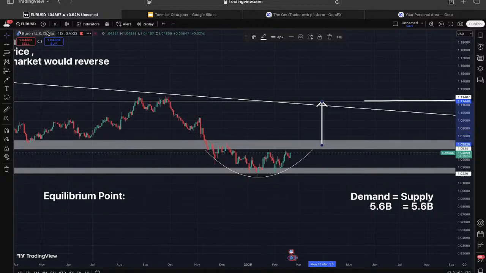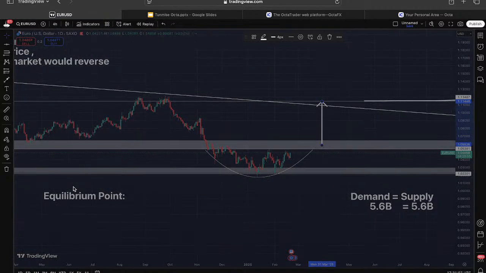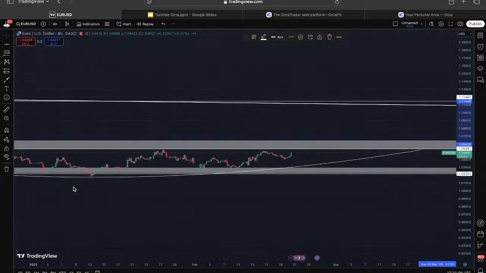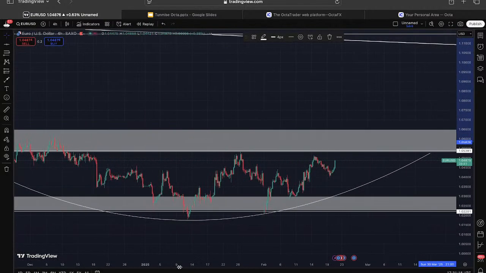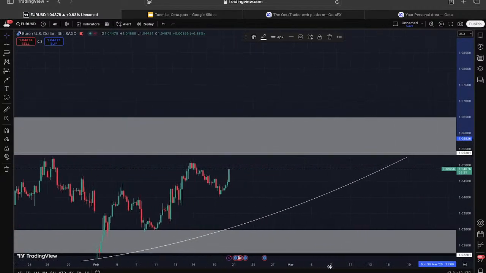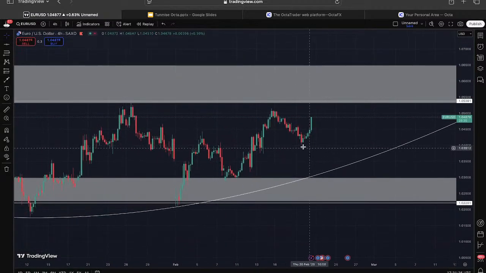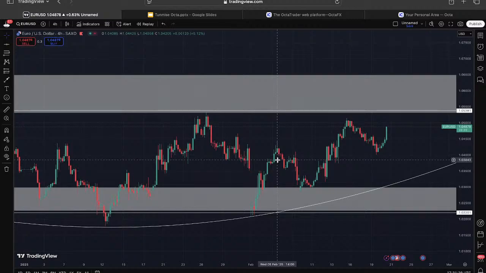All right. Now let's go down to the 4 hours time frame. Now we can see what's going on in the 4 hours time frame. Right here, the buyers are showing huge momentum on this current level.